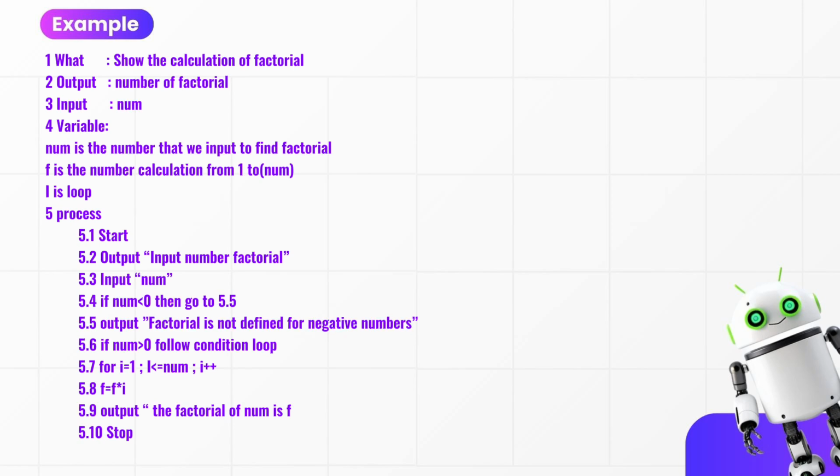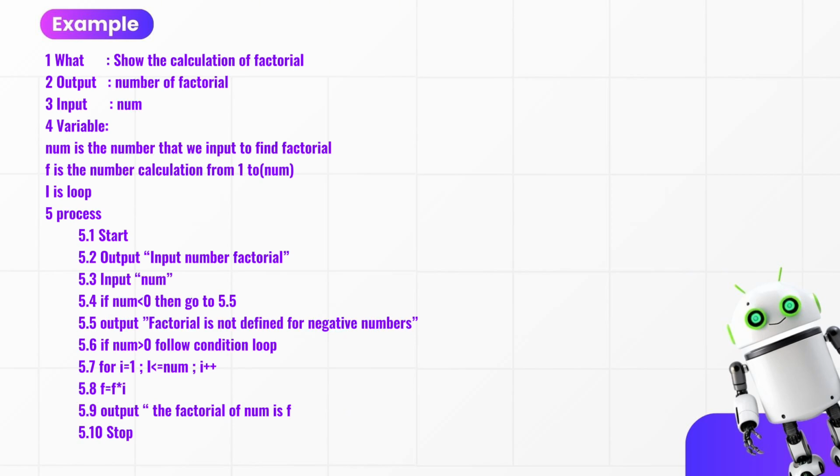Number 5.6 is different from 5.4, because if num is bigger than 0, it follows the condition loop. Number 5.7, for i equal 1; i smaller than or equal num; i plus 1.